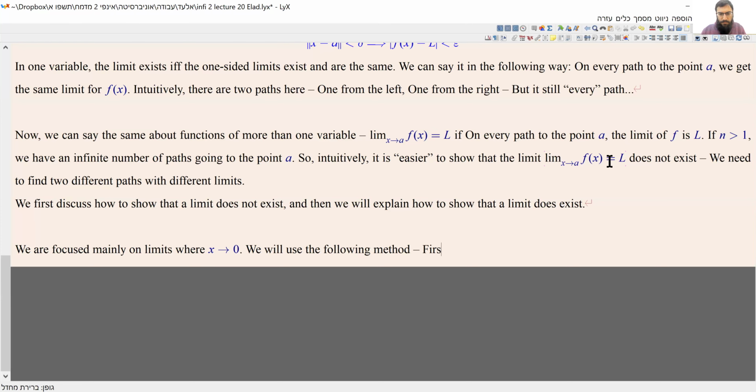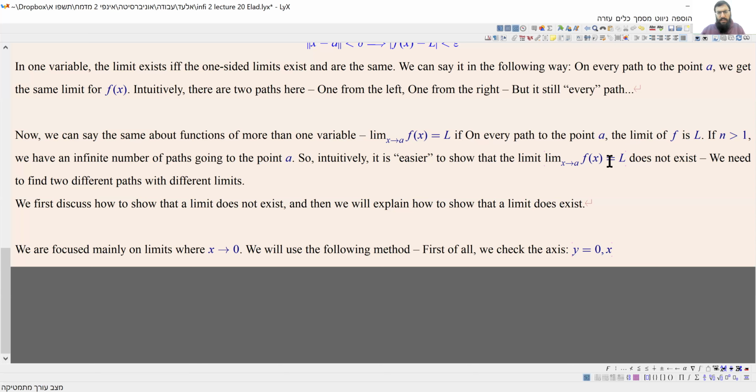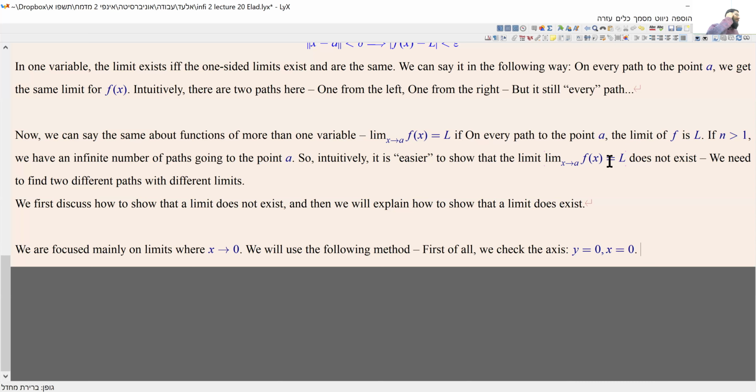First of all, we check the axis: y is 0 and x is 0. How do you actually check it? What does it mean to calculate the limit over some path? We will see it in our first example and all the examples to come.